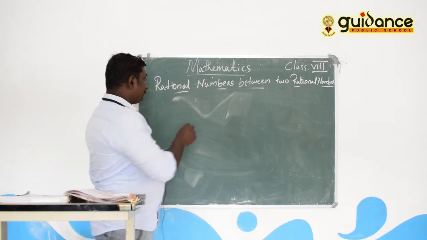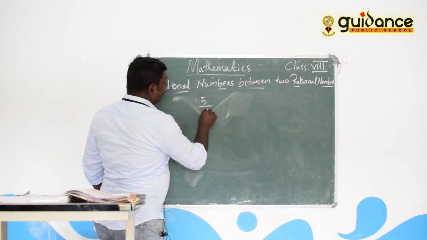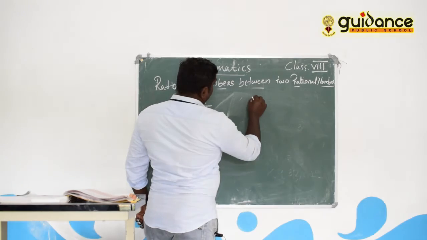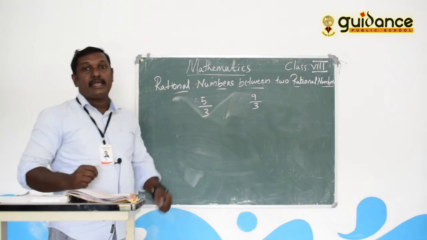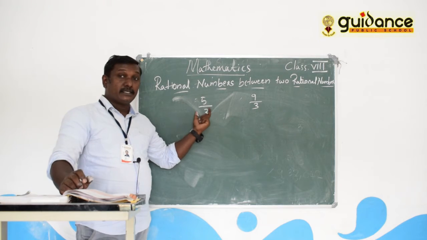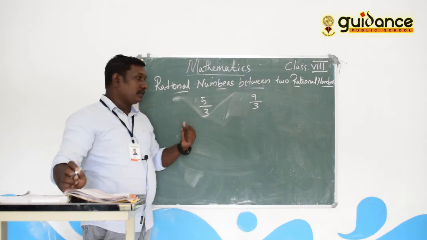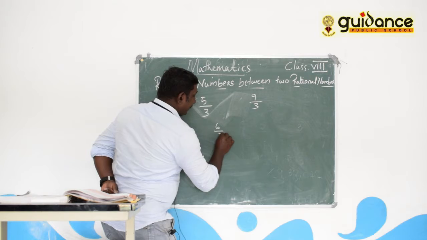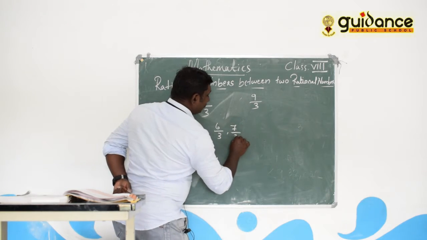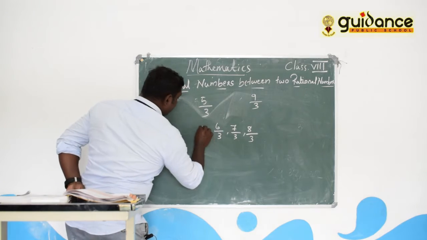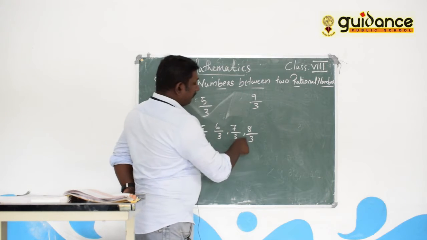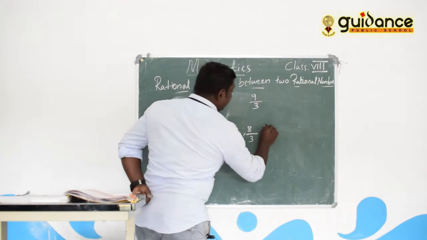So we have to find out the rational numbers between two rational numbers like this. For example, 5 by 3 and 9 by 3. So the rational numbers between these two we can say 6 by 3, 7 by 3, 8 by 3. Look here: 5 by 3, 6 by 3, 7 by 3, 8 by 3 and 9 by 3.